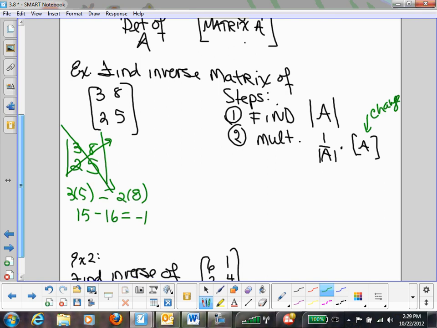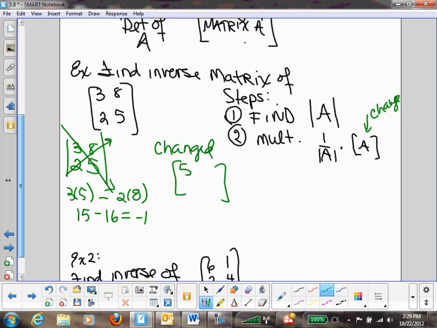If 3, 8, 2, 5 is our matrix, what's our changed matrix? 5, negative 8, negative 2, and 3. Good, right? Flip one of them, change the signs of the other diagonal. No matter which one. You flip this one going down. You change the signs going up.